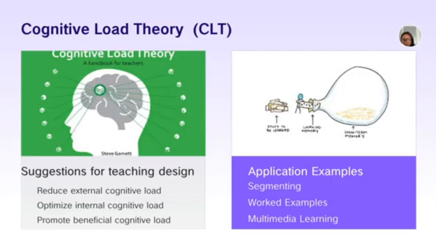Worked examples help students understand the problem-solving process by providing solved examples. Multimedia learning combines visual and auditory channels to effectively reduce cognitive load and improve learning efficiency. By using these applications, teaching designers can optimize teaching materials to help students better learn and master knowledge.